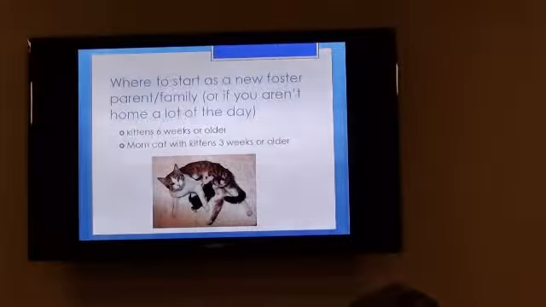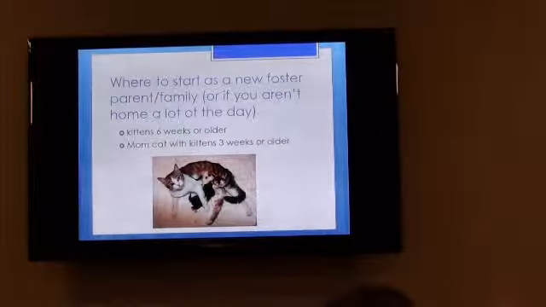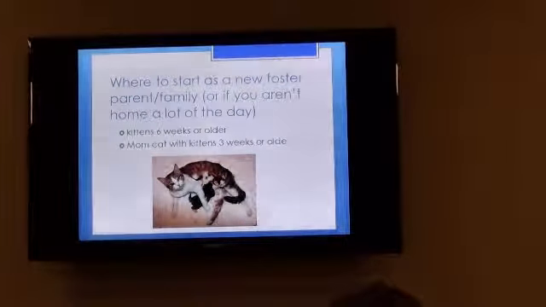It'd be great if they're around gentle dogs, gentle kids as well. You don't want them around kids that are wringing their necks and stuff, but you want them around kids that know how to be around kittens, and you want them around dogs as well, if the dogs are good with cats.